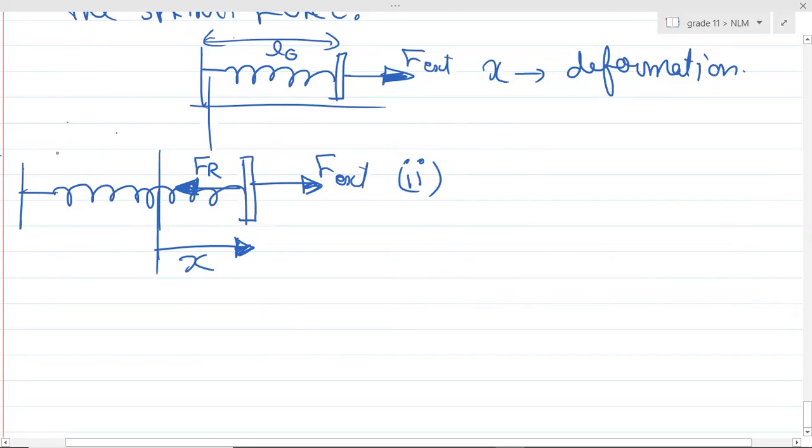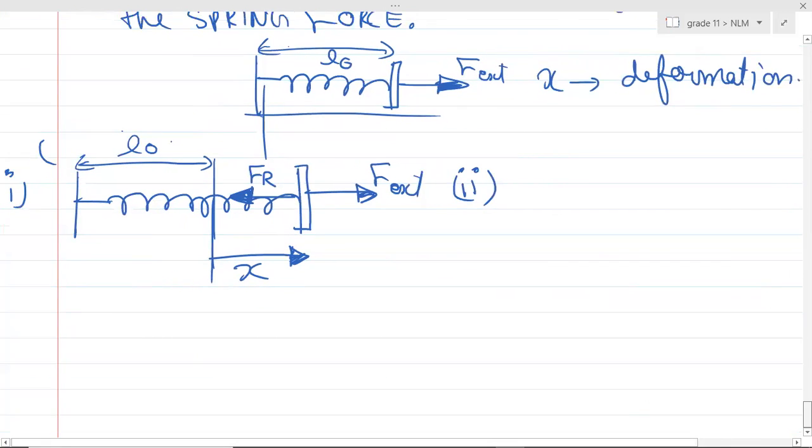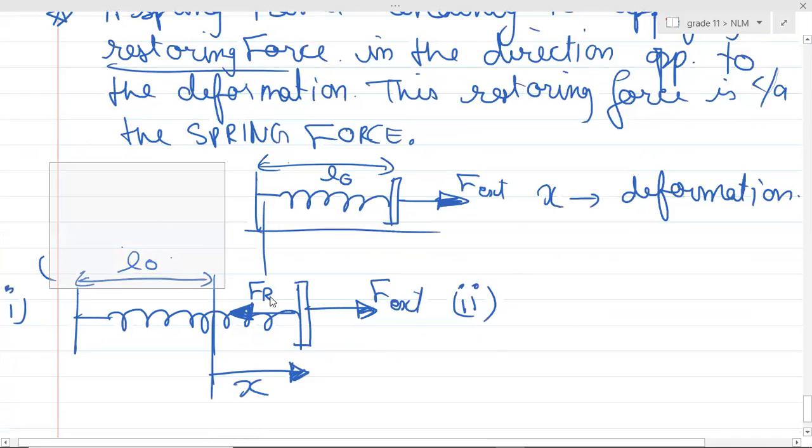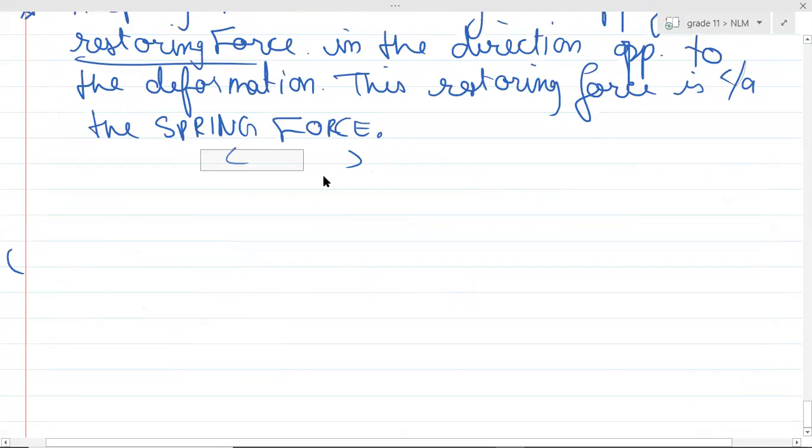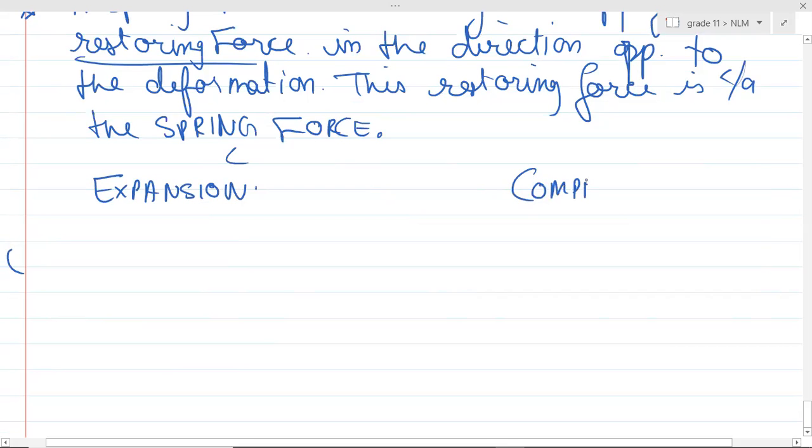This was the original length L0 and you expanded it. नहीं यार ऐसा मजा नहीं आएगा. Wait, guys, I'm drawing the diagrams again for you to understand it better.